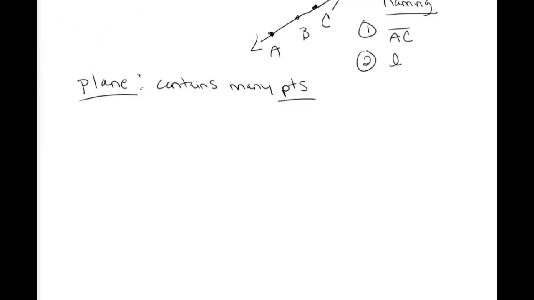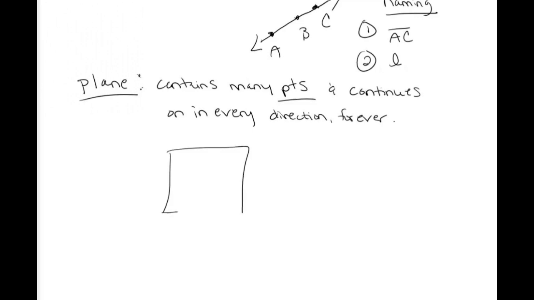And then the other thing about planes, it contains many points and it continues on in every direction forever. So in our two-dimensional graphing, sometimes we don't realize that this goes on forever and this goes on forever, this goes on forever. So sometimes we have to extend these planes when we're answering questions, and so it's just important to remember that they can go on forever.